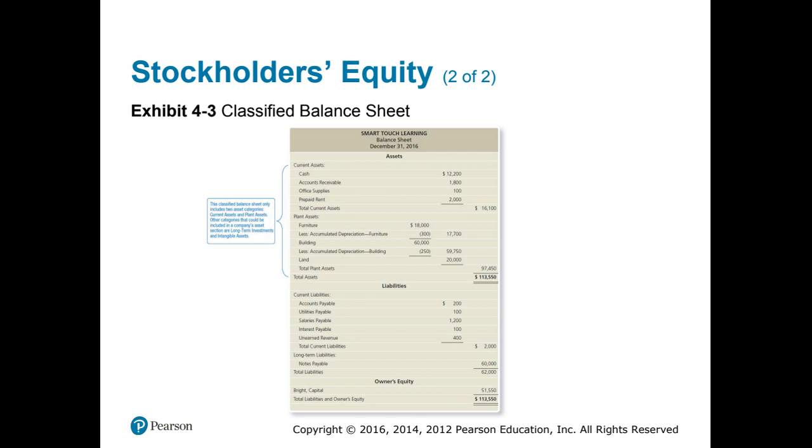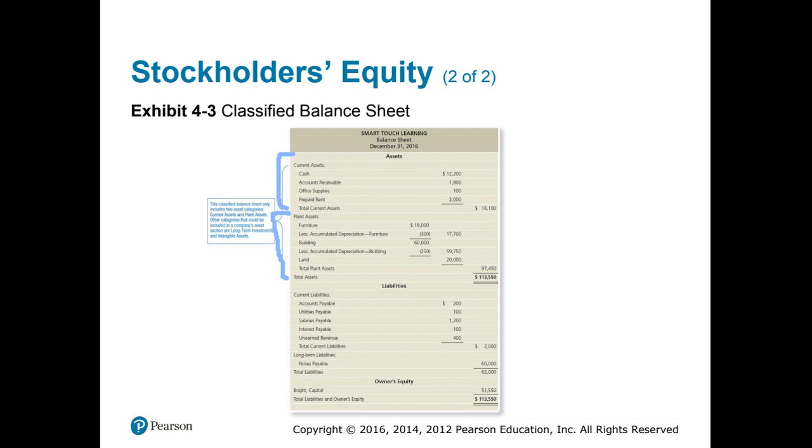So here we've broken out our assets in our classified balance sheet, and we have classified them based on current or long-term. So we have our current assets, and then we have our plant or our long-term.